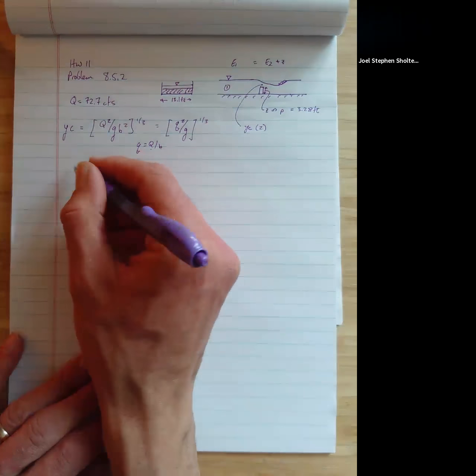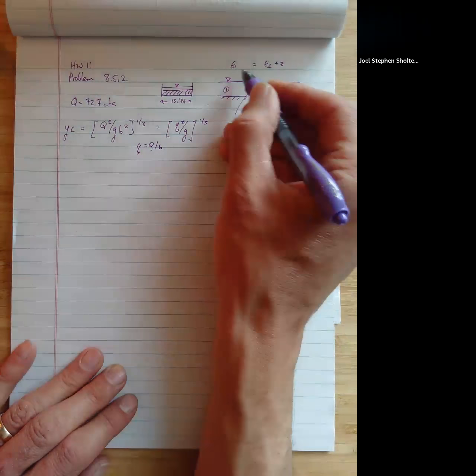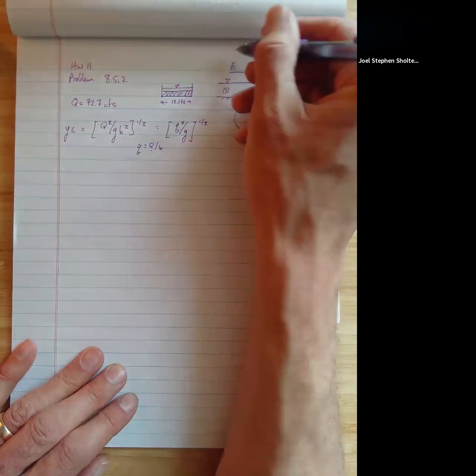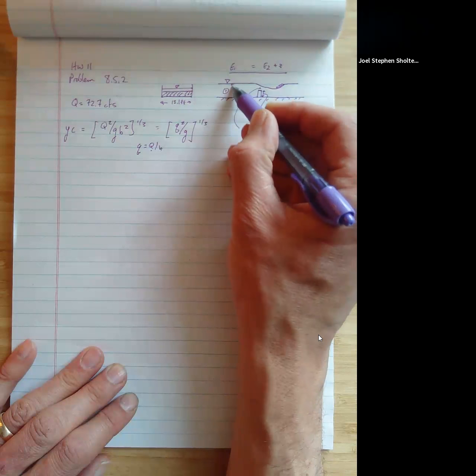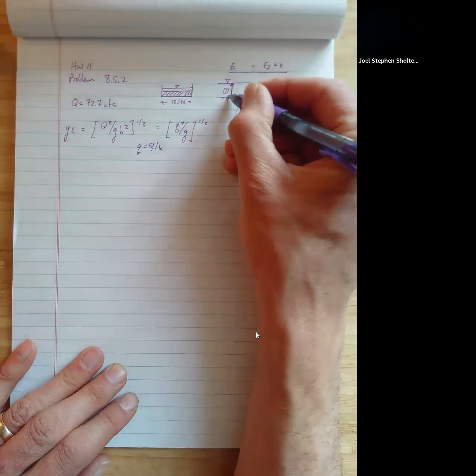So let's calculate critical depth. And then we'll go use the energy equation to solve for E1 upstream, which we'll assume is equal to the depth.